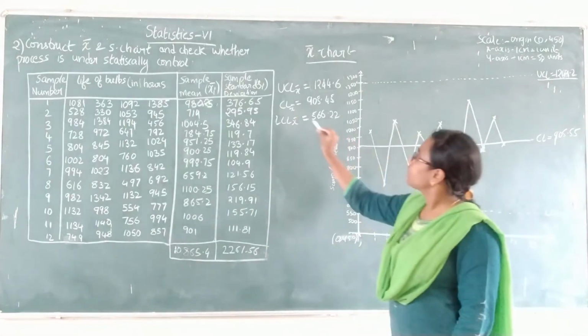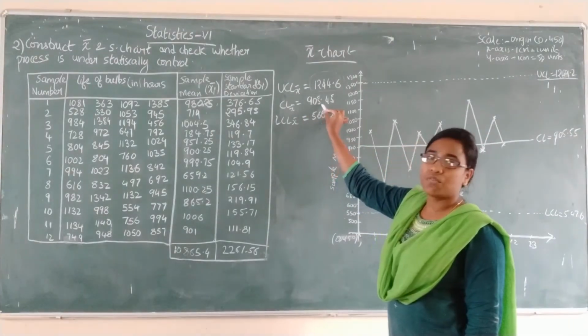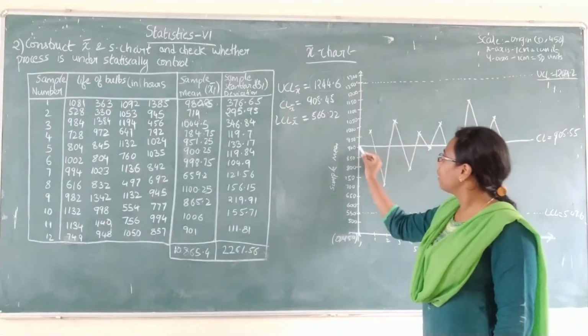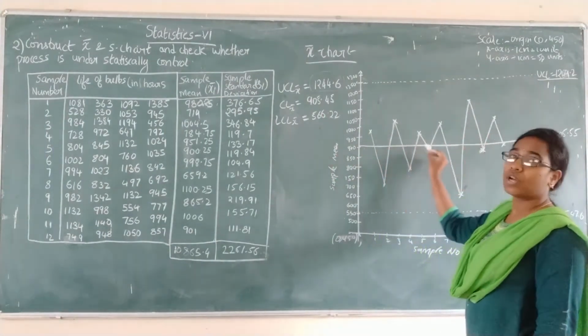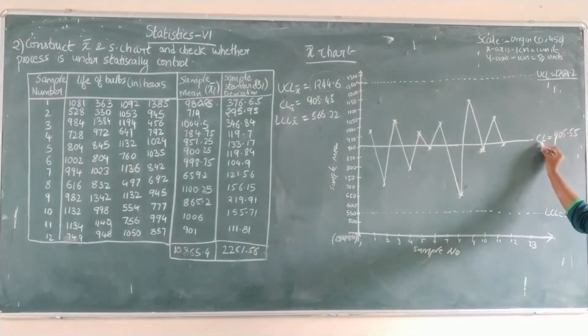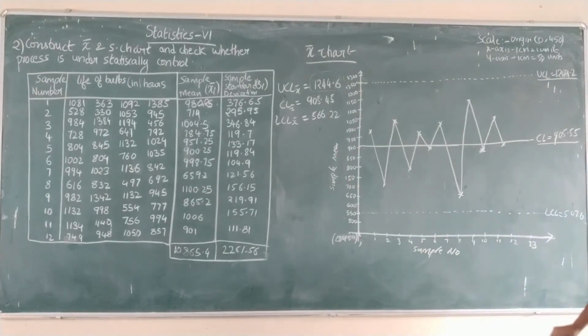Next, CL. What is the CL value? 905.45, near 900. You draw a dark horizontal line and write CL equals 905.45.